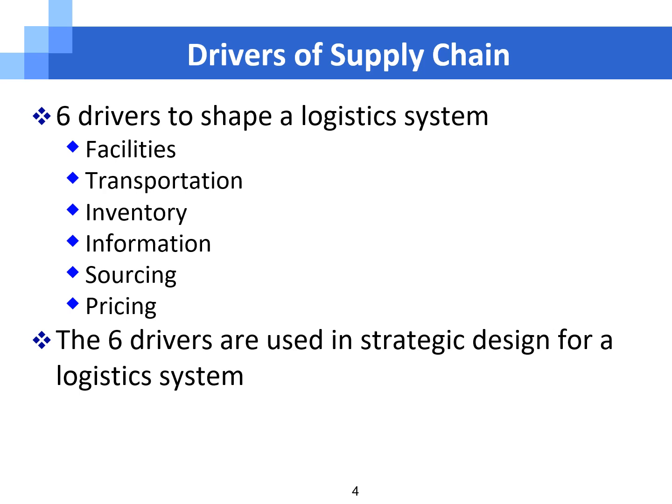The structure of these drivers also determines how the logistics system works and operates. So it's very important to know these 6 drivers because they are usually used to design your logistics system, and their structure also determines the performance of your logistics system.